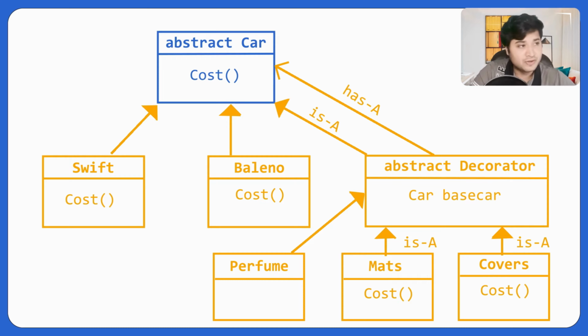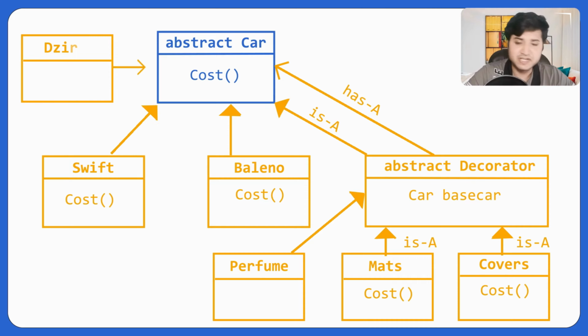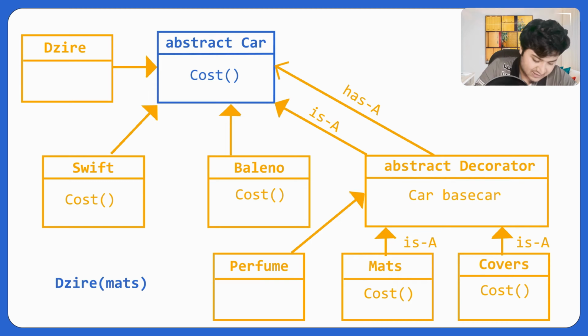Let's say tomorrow going ahead, we encounter one more base car, like Desire. We just have to make a class Desire and everything would be handled on its own. If somebody tomorrow asks me for a Desire with mats, there you go.